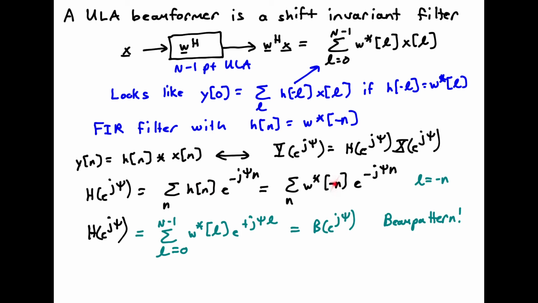Now I can rewrite this summation a bit just by assuming L is equal to minus n. So I'm going to sum over a different variable now. Ignore the limits here for a second, but I'm just flipping the sign. So this will be the sum of w conjugate of L e to the j psi L. And we know that I only have n weights.